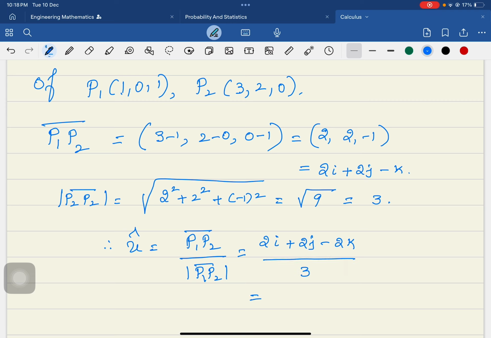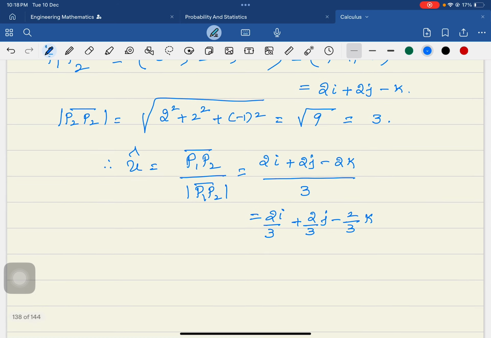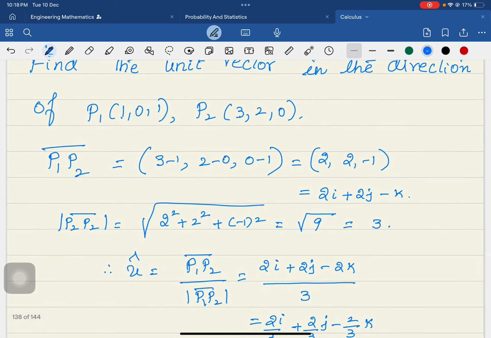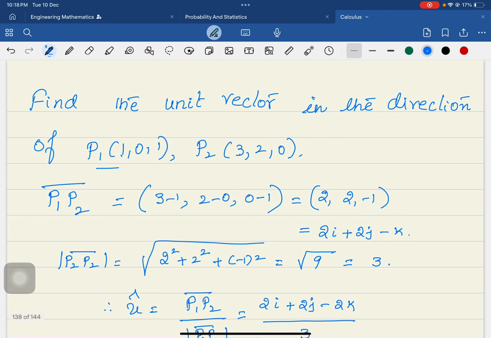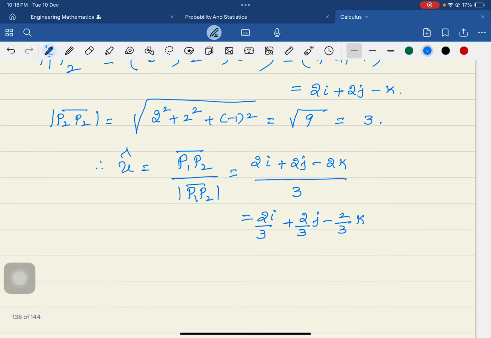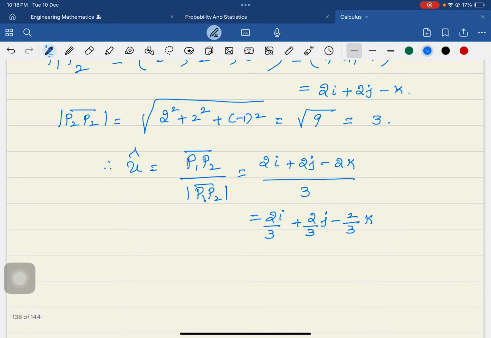So you can also rewrite this as 2 by 3 i plus 2 by 3 j minus 1 by 3 k. So this is the unit vector in the direction of the given vector P1 P2. Okay. So this is the way to write down any vector. Now if you observe here, this particular vector is the unit vector we got, in the direction of the given vector.